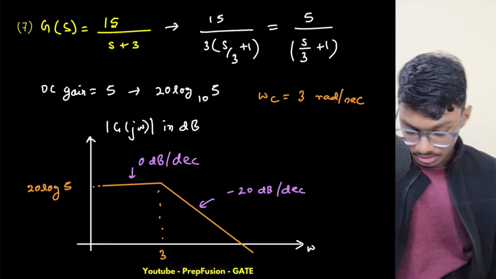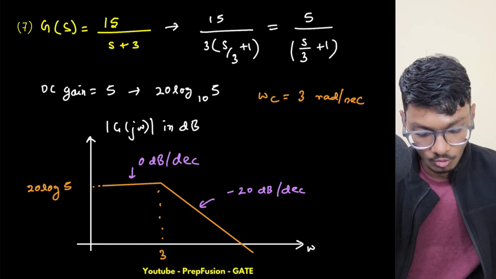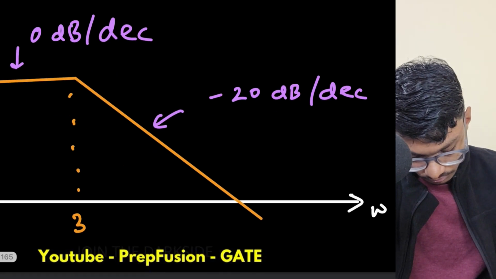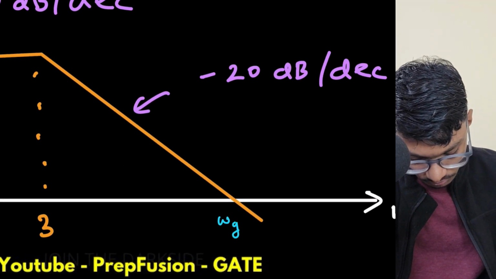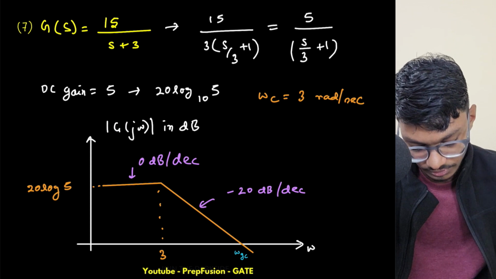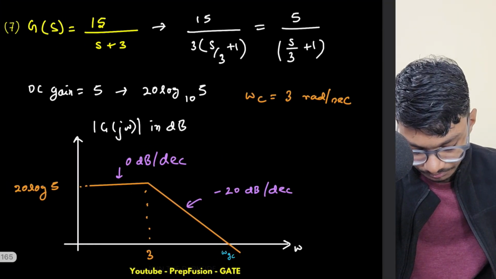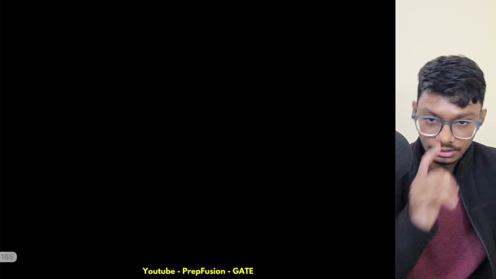Yes, this frequency is omega gc. So if this frequency is omega gc, what does it mean? Can you find the omega gc?